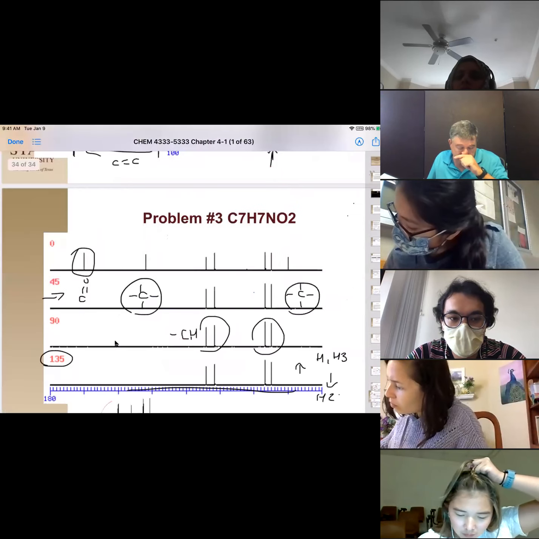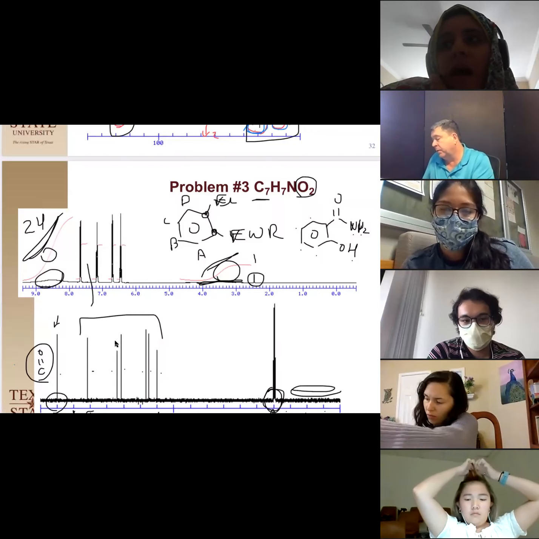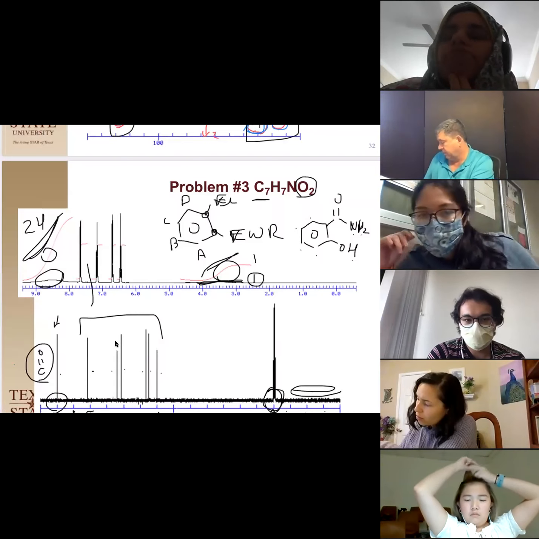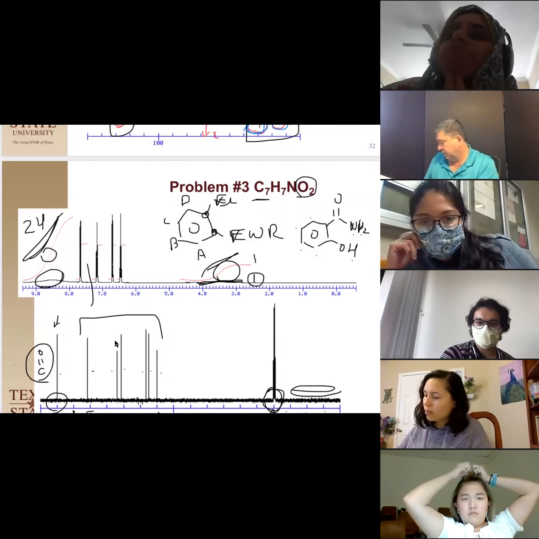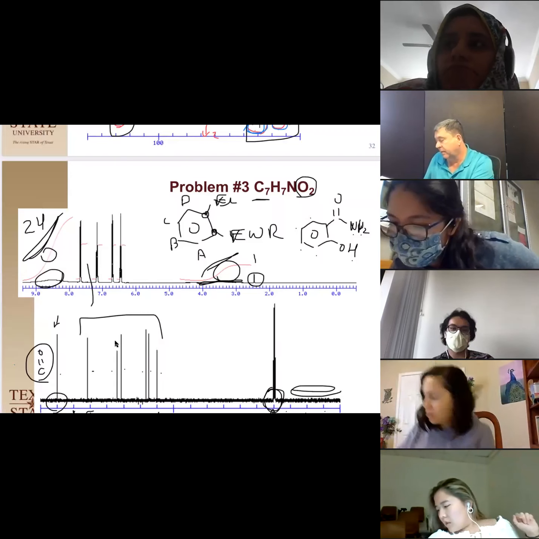Yes. Okay, let's look at the proton NMR then. Where would an amide proton show? We have a table for that. Supporting information. Okay, it's not in a table.